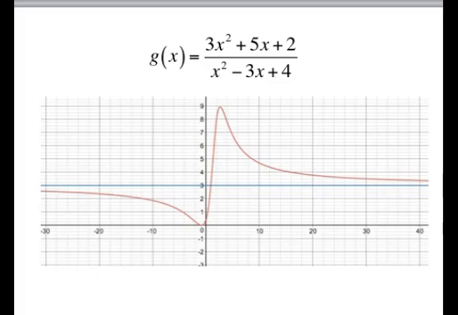There's our graph. You'll notice we have a horizontal line here at y equals 3. On the right-hand side, as x goes to positive infinity, the function seems to be getting closer and closer to 3. As x goes to negative infinity, the function seems to be getting closer and closer to 3. So y equals 3 here is going to be a horizontal asymptote.